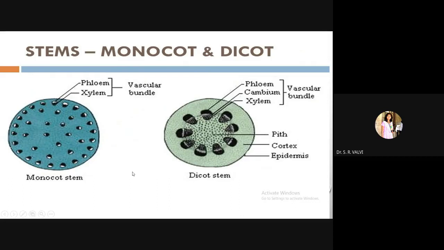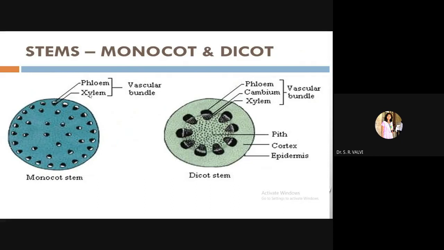And now see in the monocot, why these vascular bundles are scattered, because here no cambium is present. Okay, cambium is totally absent, and hence vascular bundles we are going to observe in a scattered fashion. Okay, and one more point I want to clear here, as this cambium is present between the phloem and xylem, the type of vascular bundle is open type.